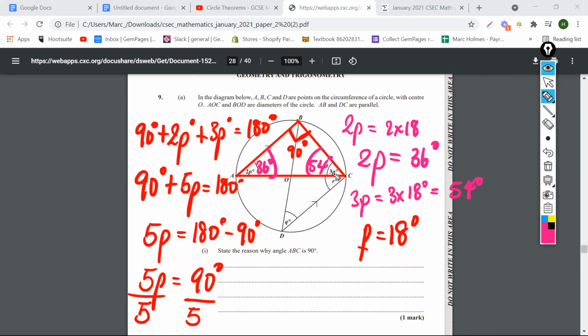Does that make sense, guys? It says 3p here and 2p here. So we found the p. So 2p would be 2 times 18, which is 36 degrees, and 3p would be 3 times 18, which is 54 degrees. Make sense?